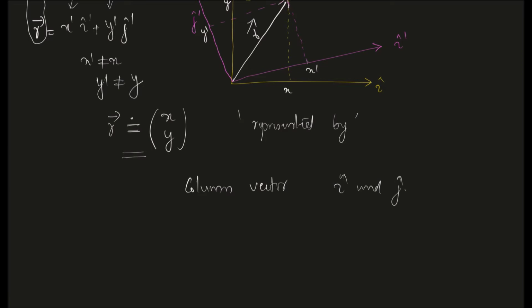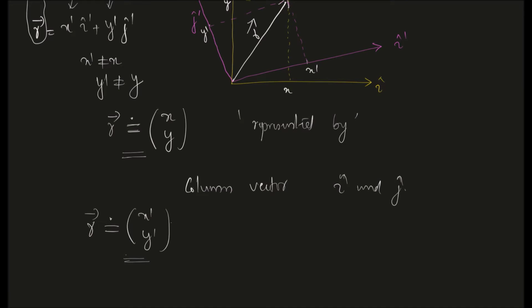See, we could have equally chosen the basis vectors i prime and j prime, right? So in that case, you could have written it as vector r represented by x prime, y prime. So this right hand side is not unique. It depends on the coordinate system we choose. So two different column vectors, basically.